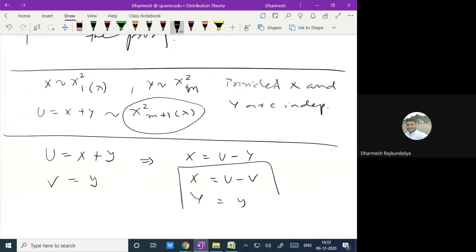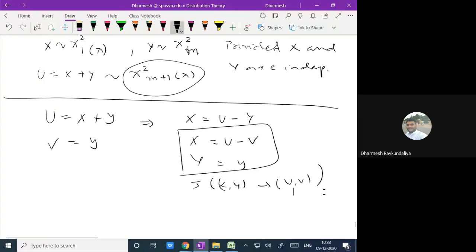So you have to find the Jacobian of xy to uv, and at the end you will show that it has the chi-square distribution with m plus 1 degrees of freedom and non-centrality parameter lambda.